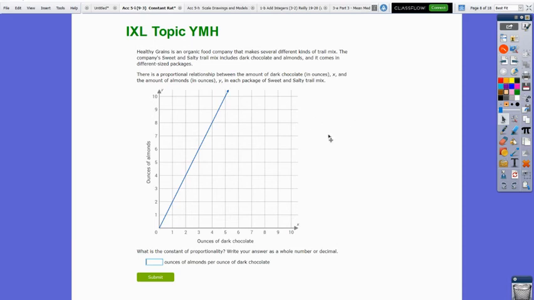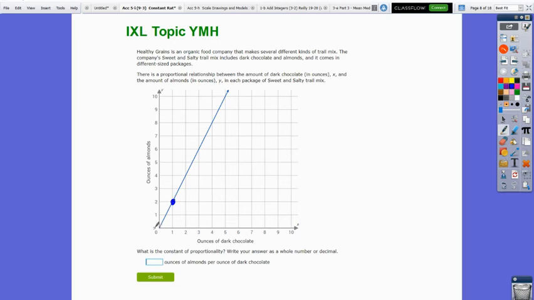Okay, so there's an IXL topic here that you're going to do for identifying the constant of proportionality. So in this example, it's a food company, and they're talking about the ounces of almonds and the ounces of dark chocolate in this trail mix. Okay, so to find the constant of proportionality, which is the same thing as the rate of change, you find the X and Y values that go together. You can just pick a point on the graph.